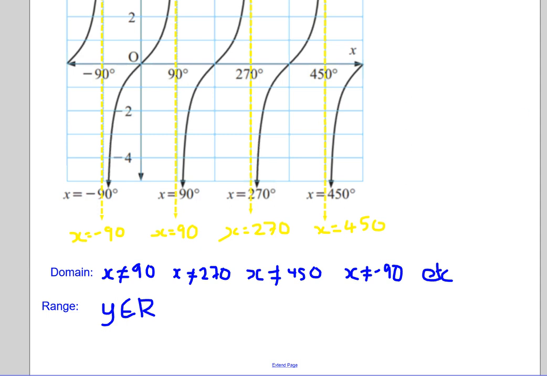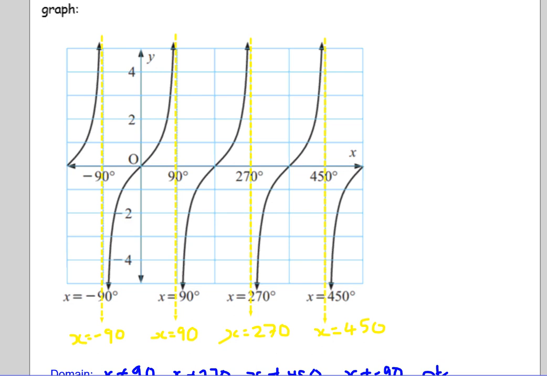In terms of the period, I was getting that wrong before. The period is just 180 degrees. Notice from here to here, it's repeated itself. So the period is from here to here. That's the length of one period. From here it goes upwards, and then from here goes infinitely downwards, then it goes up, and at that point it repeats itself.